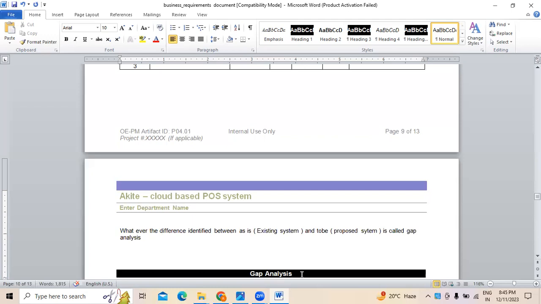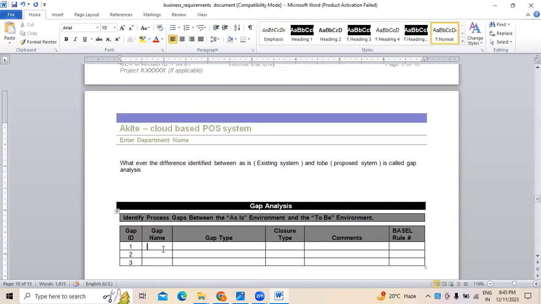But there are some differences you may find. Maybe some security features or some other features may be added, for example. Those we call gap analysis. So we need to mention the gap ID type. For example, earlier it was only user ID and password.